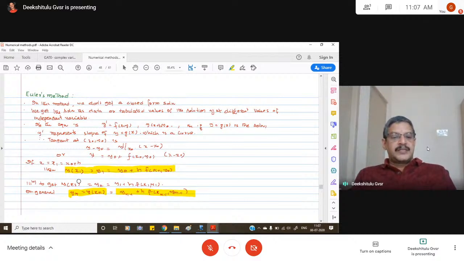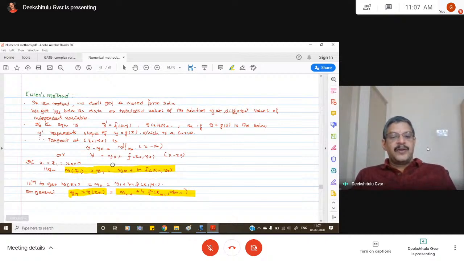Now the new point is x1, y1. If you calculate, you get y1. Call it y of x1 as y1. That point then is x1, y1. The first point is x0, y0, the second point x1, y1. Now similarly, use this point to get y of x2, repeating the formula for this point.